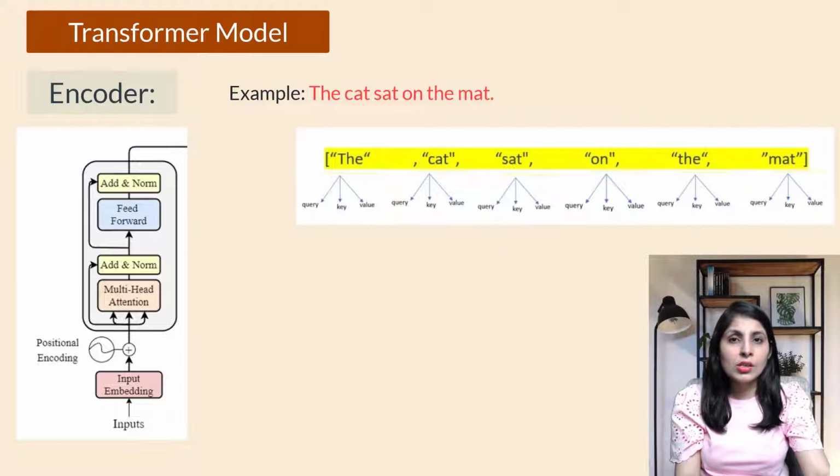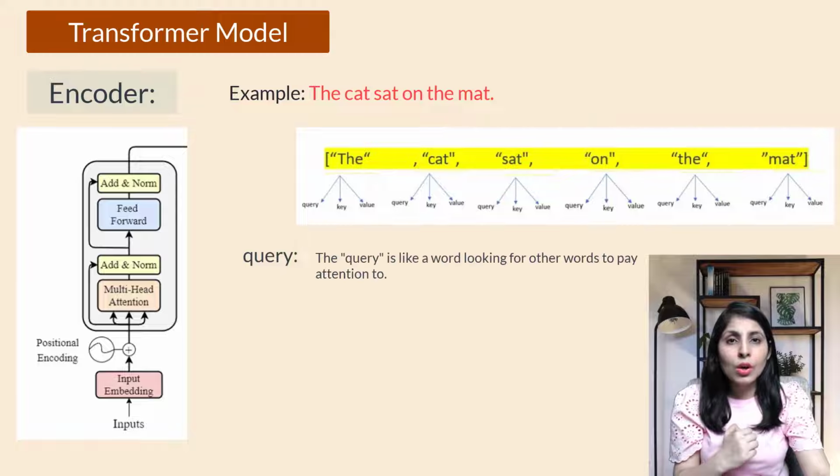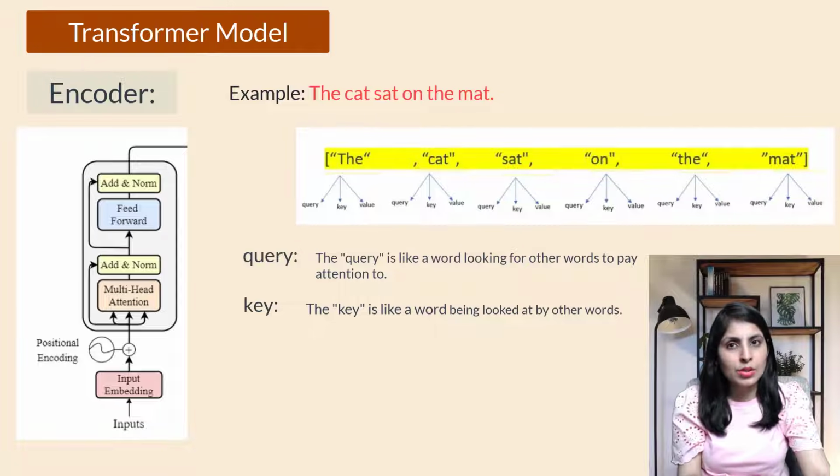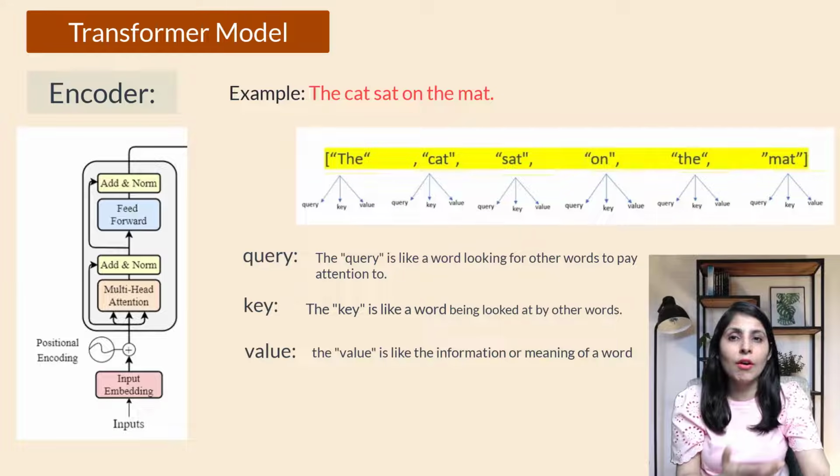Now what is query? Query is like a word looking for other words to pay attention to. Clear? A word looking for other words to pay attention to. And key is like a word being looked at by other words, and the value is like the information or meaning of that word.